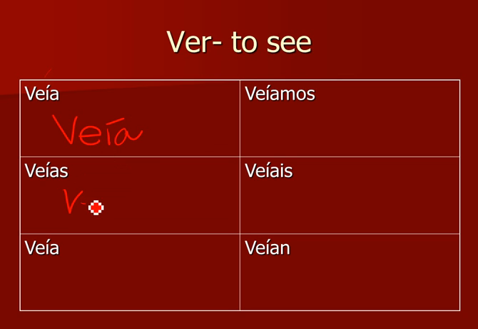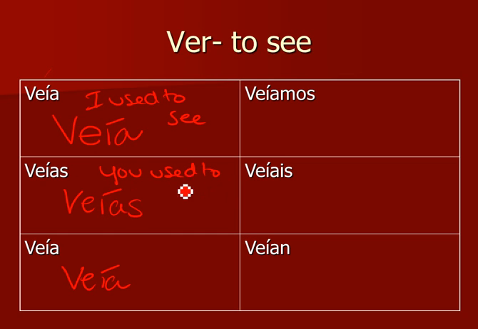Veía, I used to see. Veías, you used to see or watch. Veía, he, she used to watch, etc., right? So keep that E. So remember, this would be I used to watch or see. You used to watch or see. He used to watch or see, or she, or you formal. We used to see.